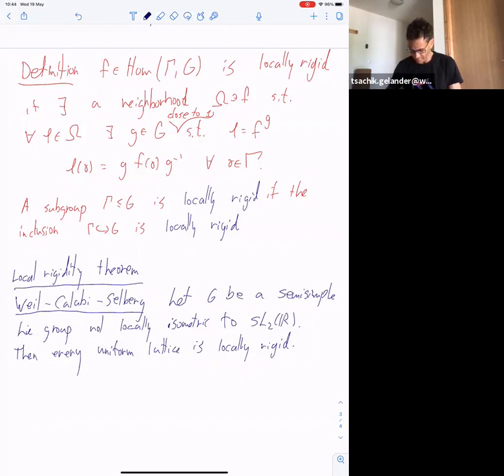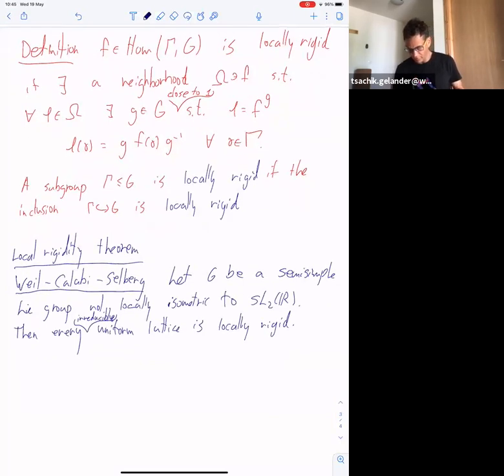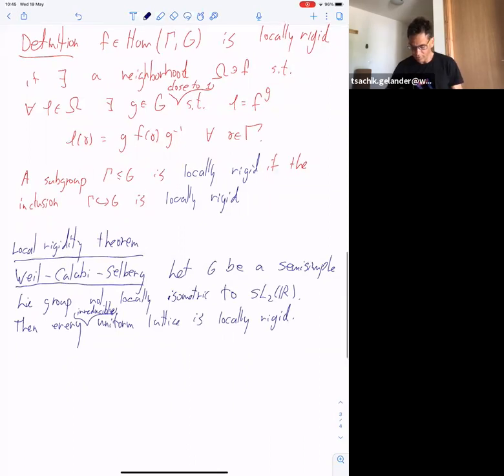I should assume it is irreducible. It's enough to assume that it's irreducible in the SL2 factors. If G doesn't have factors locally isometric to SL2, then you don't need to assume that. And if it has, then you just need to assume that the projection to each such factor is dense. Then every lattice is locally rigid.